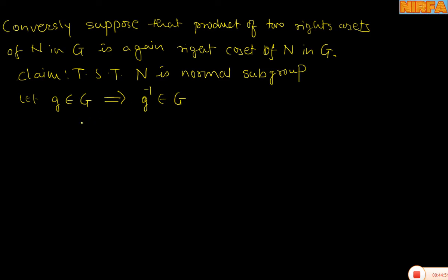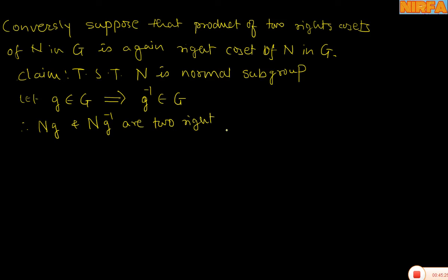Now, we have two elements from G: one is a small g and another is its inverse. So we may construct two right cosets using these two elements. Therefore, Ng and Ng inverse are two right cosets, because to construct right cosets we need only elements from G. I have taken g and another is g inverse.